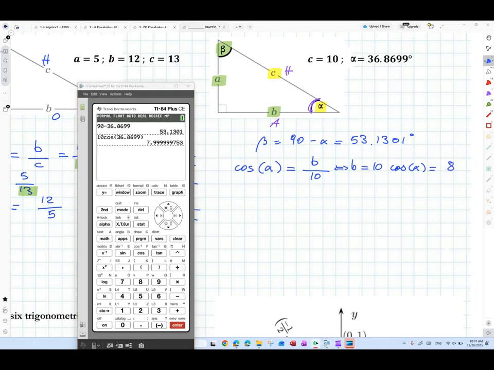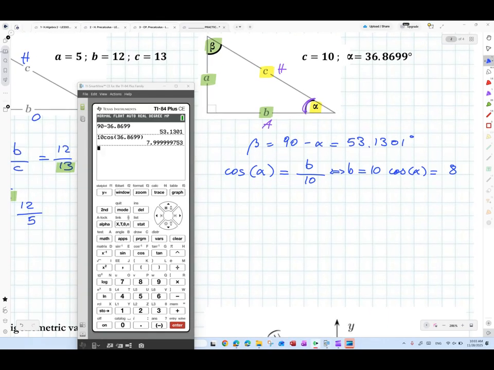Now here, you could very well find A using the same angle alpha or beta, since you have it, or using the Pythagorean theorem. Let's do both, and you will choose to do the way you prefer for whatever exercise I'm throwing at you. So, using the Pythagorean theorem, A will be the square root of c squared minus b squared.